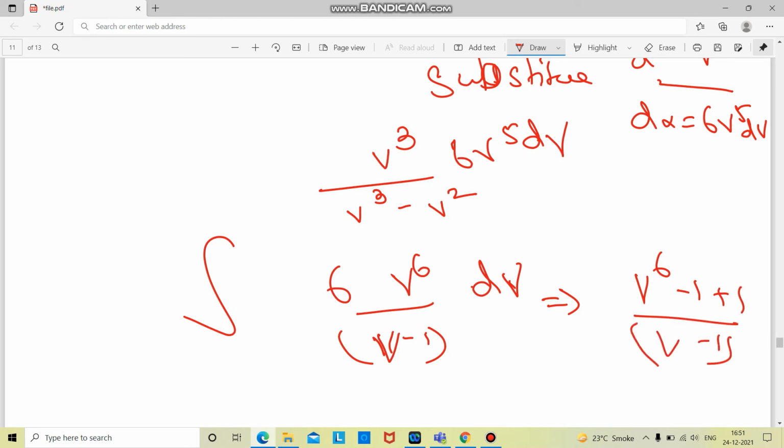Now from here we can get v minus 1 plus 1 by v minus 1, and now you can solve very easily.